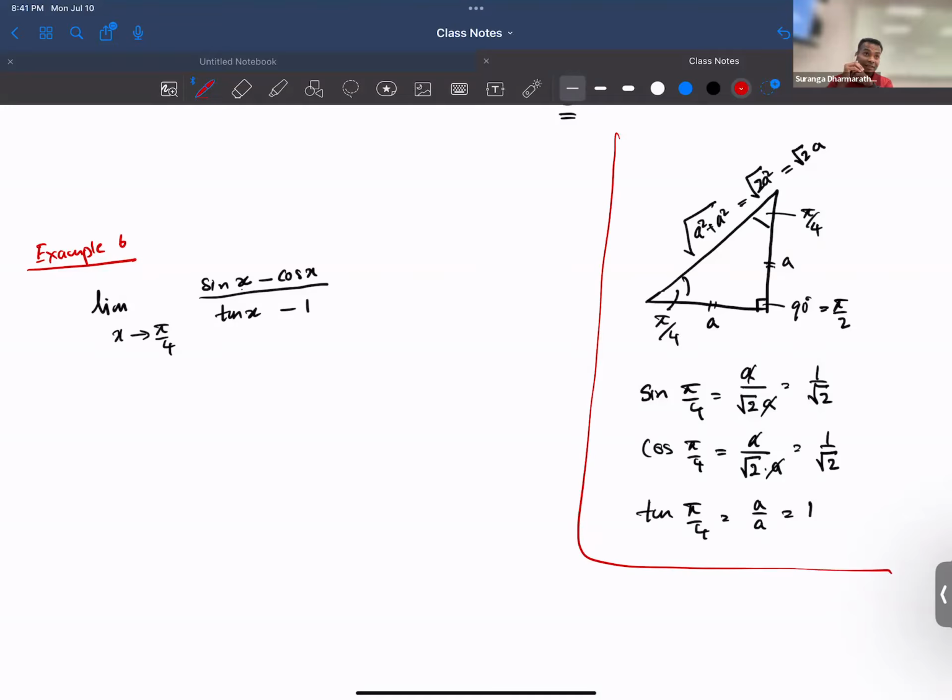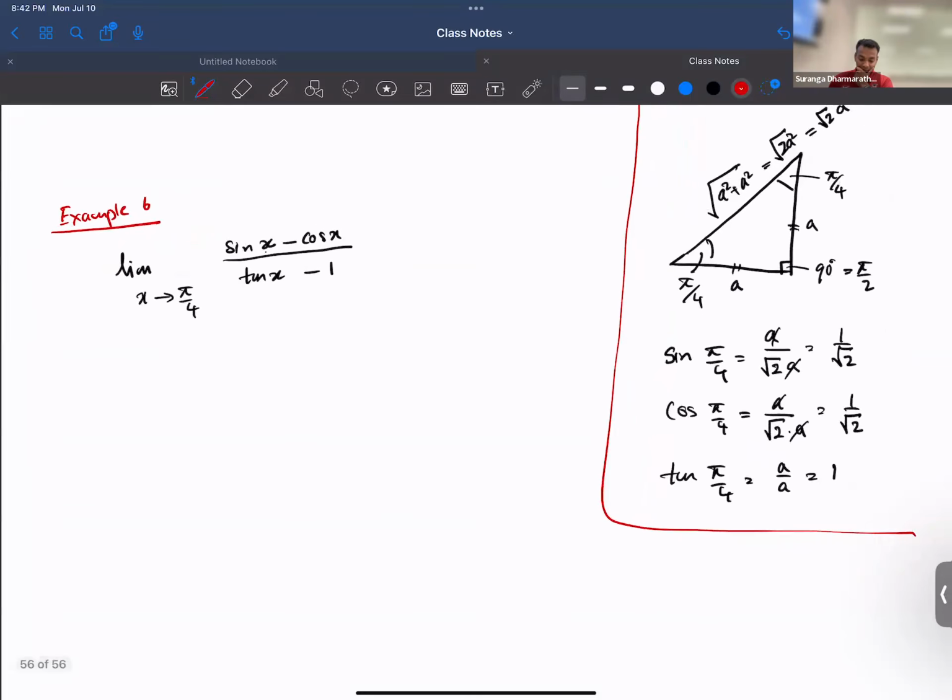Sine 60 is square root of 3 over 2. Cosine 30 is square root of 3 over 2. Okay. And you can get the tangent from that. If you draw a small triangle like that and try to do it, you figure it out. Okay. So that's an easy way of doing it.